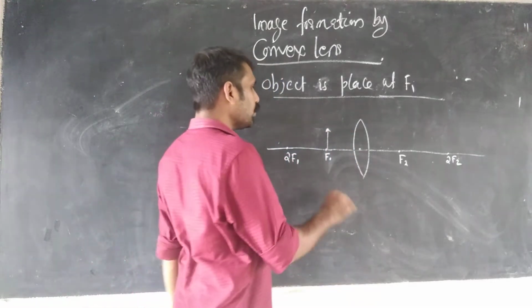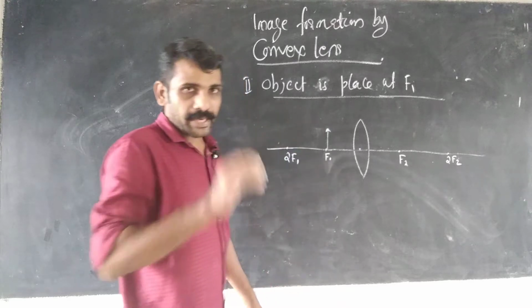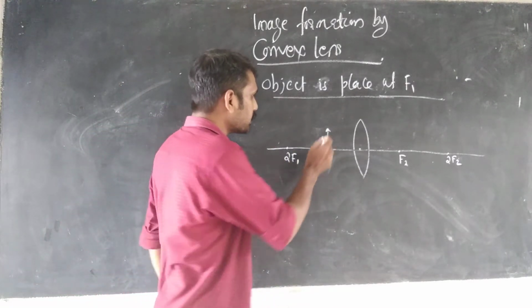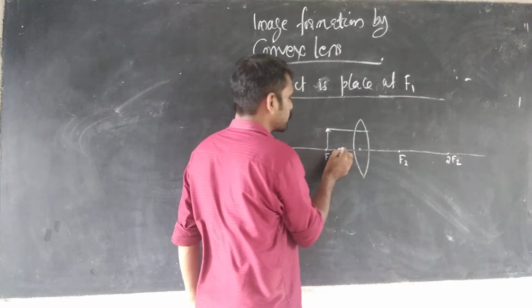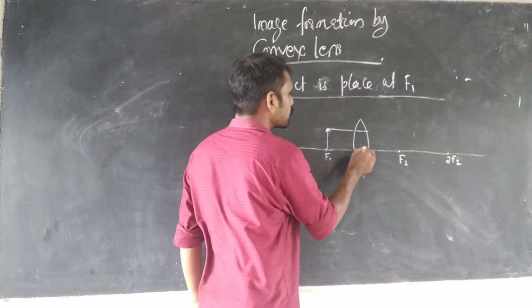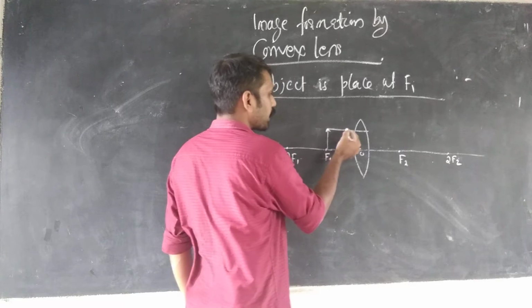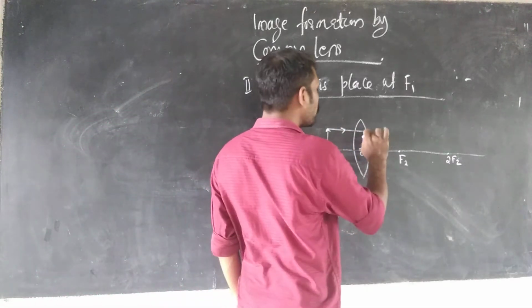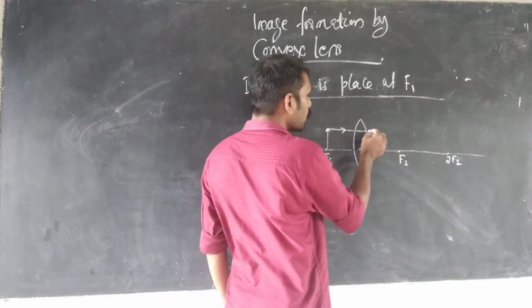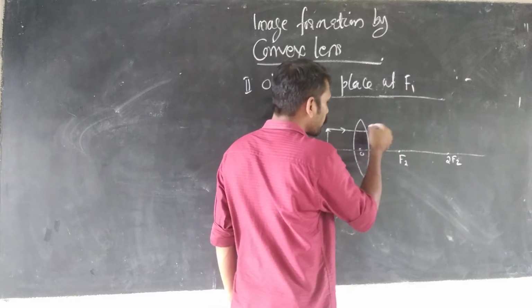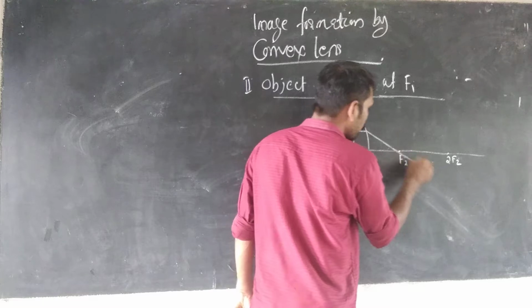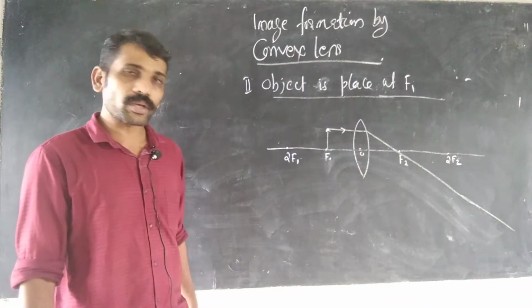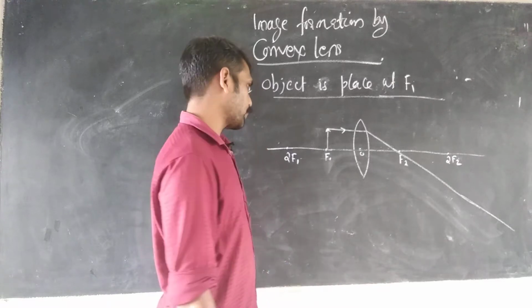Okay, so here one ray is coming from the object. That ray is parallel to the principal axis. This is the principal axis, this is the optical center. After refraction, by the rule we studied, the refracted ray will pass through the principal focus f2.